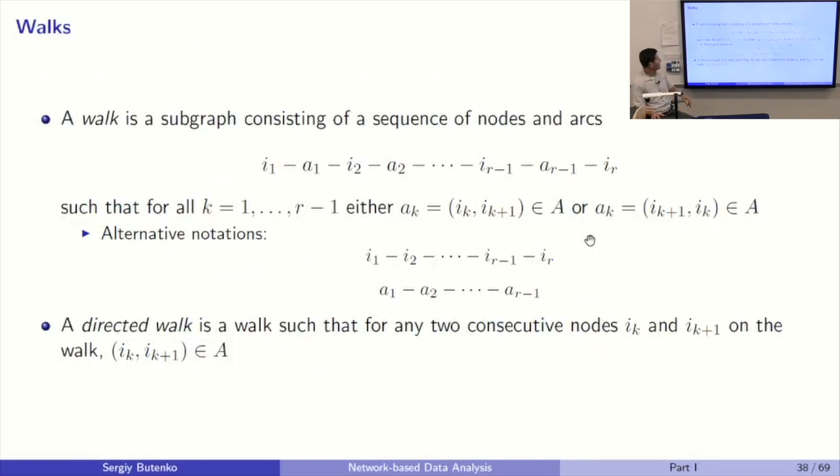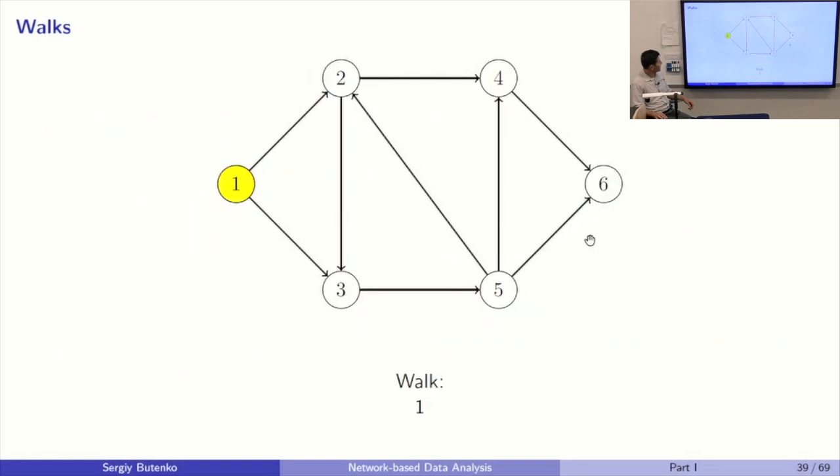Then walks. So what is a walk? Let me just illustrate a walk by this example here. It's essentially a sequence of nodes and arcs through which you walk the graph, right? So let's say we start at node 1, then we go through arc (1,2) to node 2. Now node 2 is included in the walk, and the way we specify it is the sequence of both nodes and arcs.